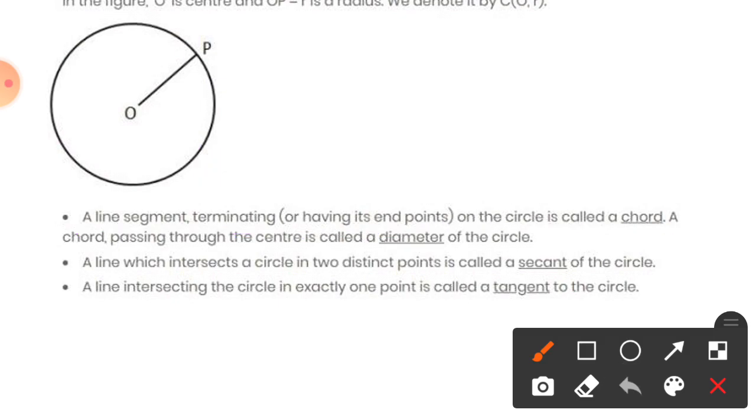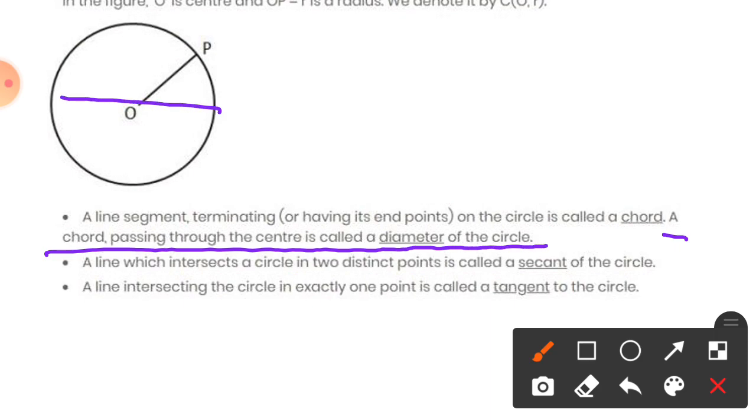Next, a chord passing through the center is called a diameter. Suppose AB passes through the center O, then AB is known as the diameter.